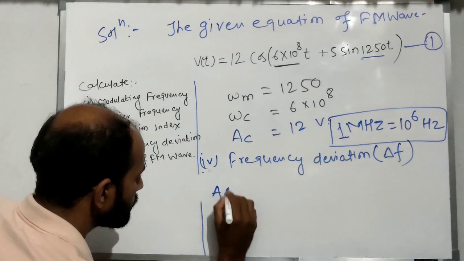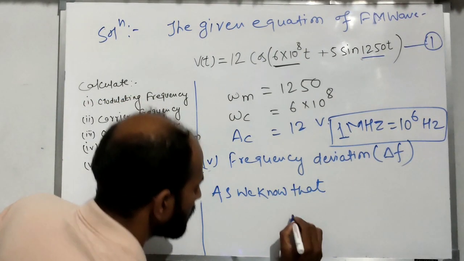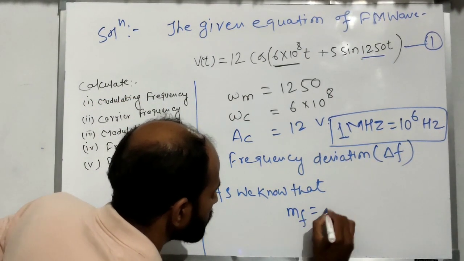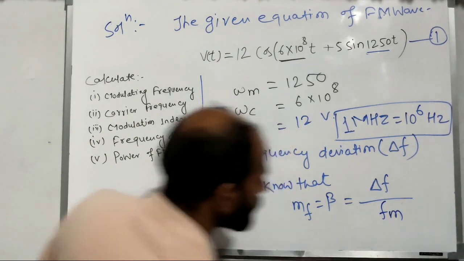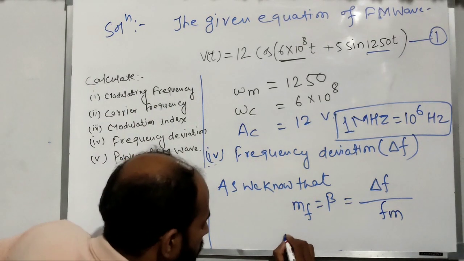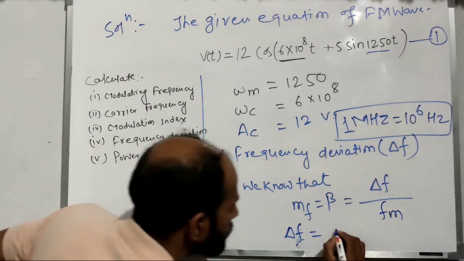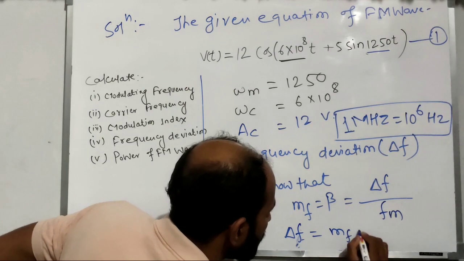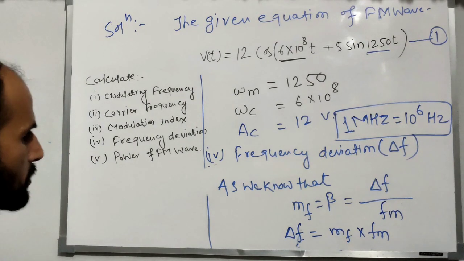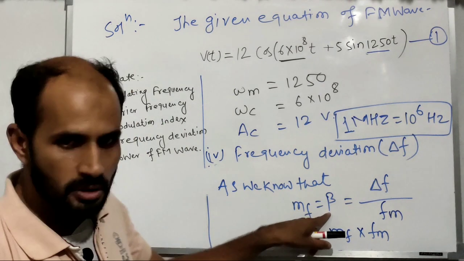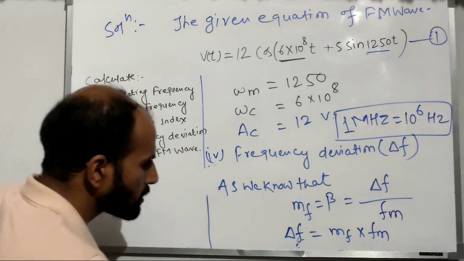As we know that mf is equal to beta is equal to delta f by fm. Now delta f is equal to mf into fm. Sometimes we also denote the modulation index by beta, and mf is the modulation index.